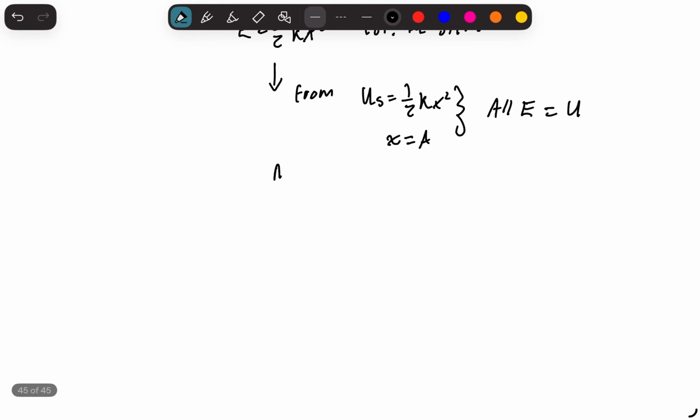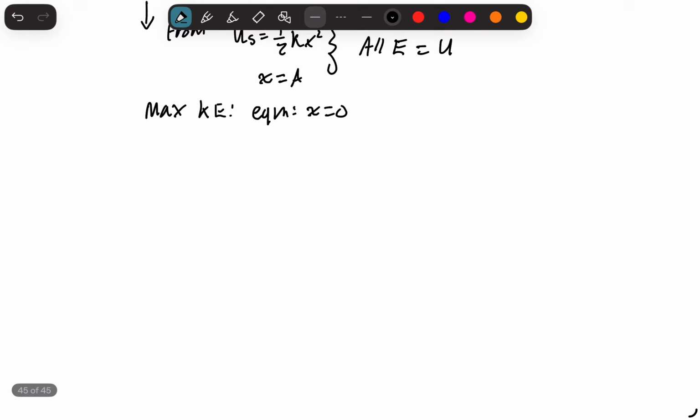So now what about our max kinetic energy? Your max kinetic energy is at your equilibrium point, where x is equal to 0, so all your energy is kinetic energy, because K max is equal to 1/2 kA squared.